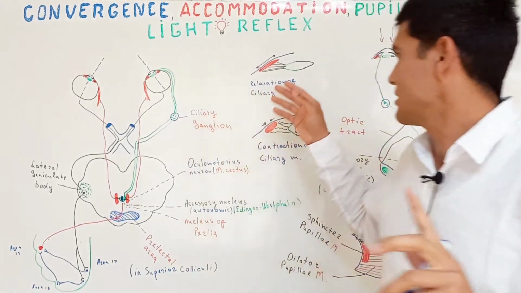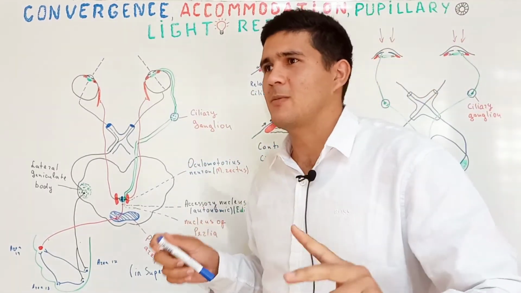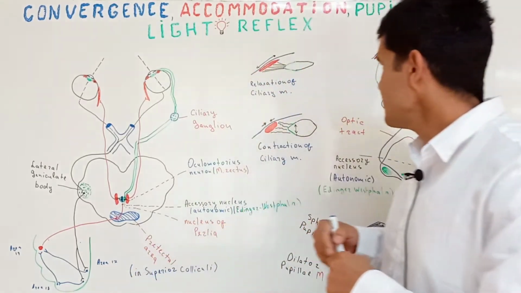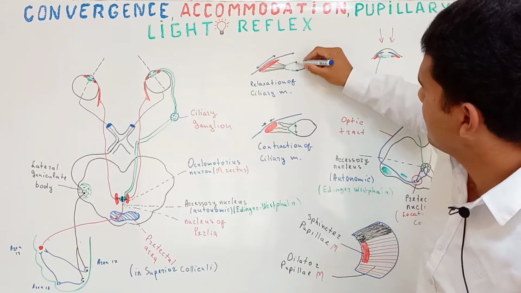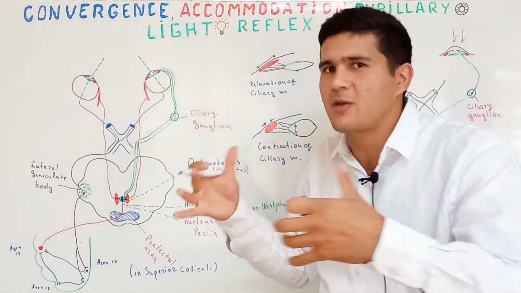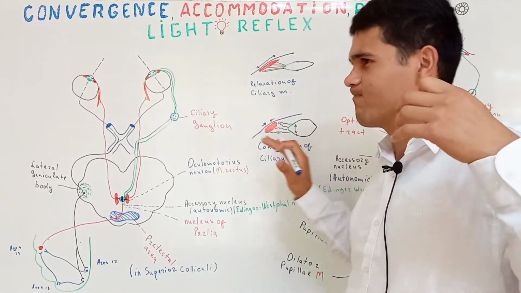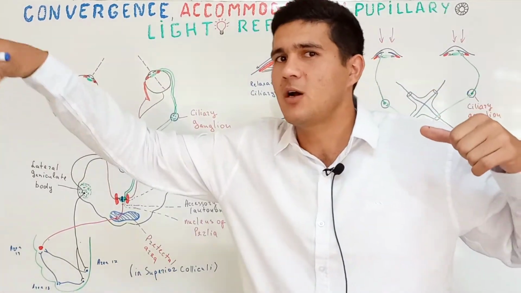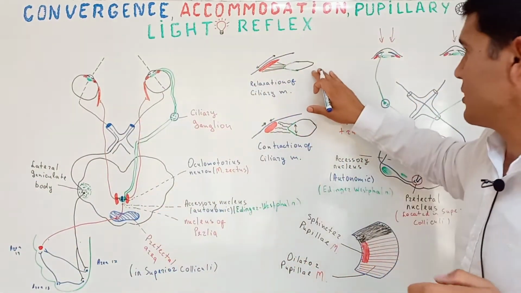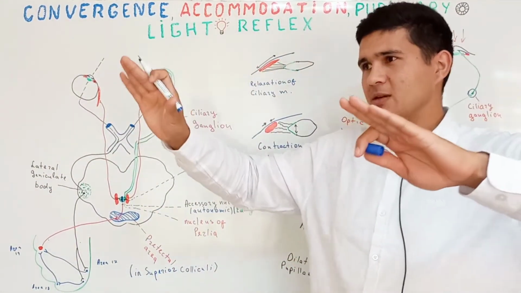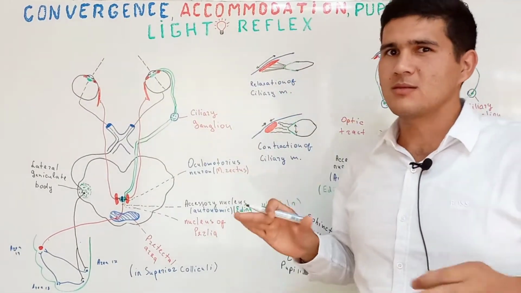The next thing is about the contraction of the ciliary muscles. The ciliary muscles have the function of changing the shape of the lens according to the position of the object that we are focusing on. When you look at something far away from us, relaxation of the ciliary muscle occurs.